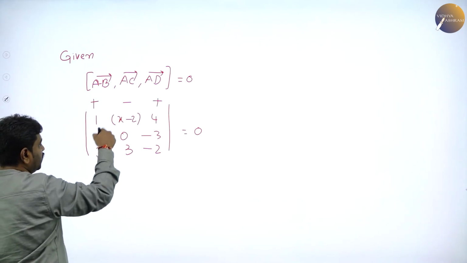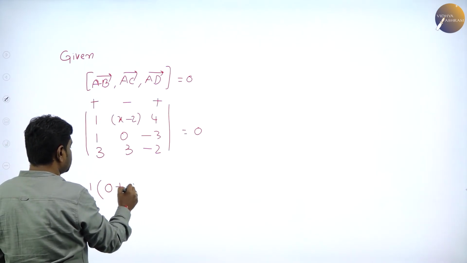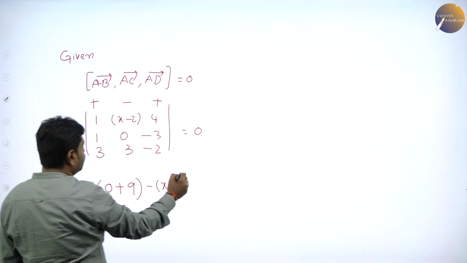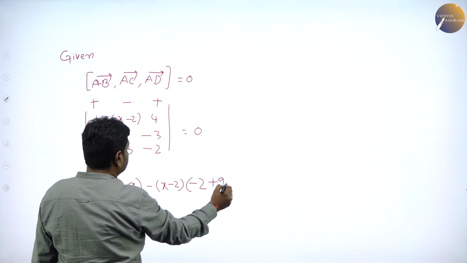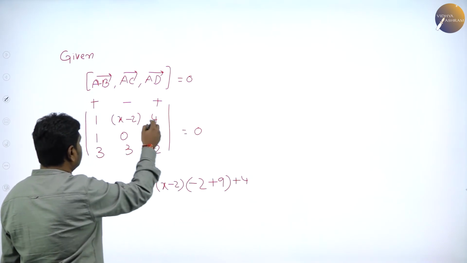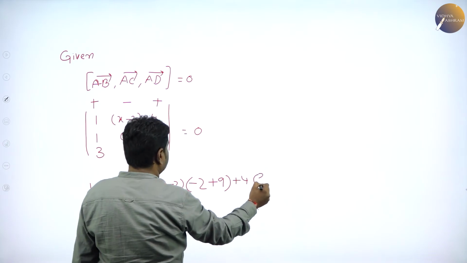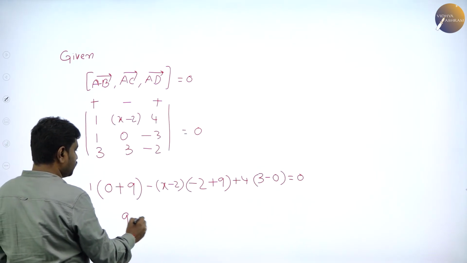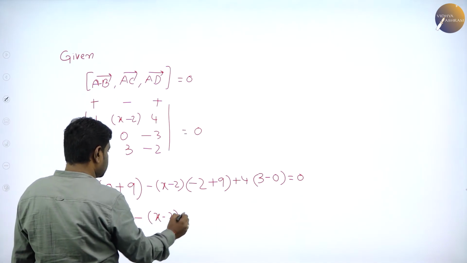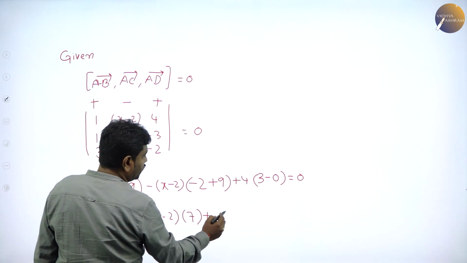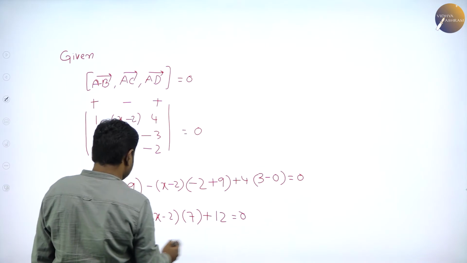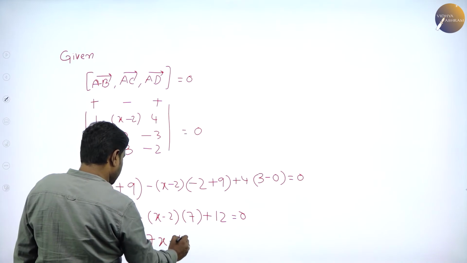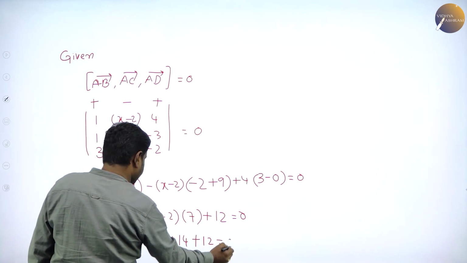1 into, delete the row and column, 0 minus of minus 9, plus 9. Minus x minus 2 into, delete the row and column, minus 2 plus 9. Plus 4 into, delete the row and column, 3 minus 0, is equal to what? 0. Now further, 9 minus x minus 2 into 7 plus 4 into 3, 12 is equal to 0. Simplify further. 9 minus 7x plus 14 plus 12 equal to 0.